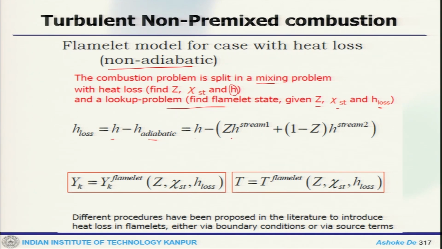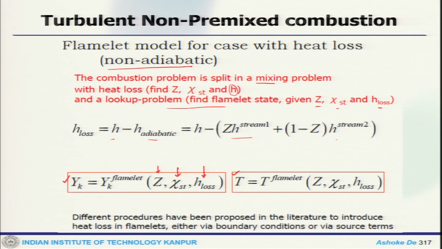So it will be H minus H adiabatic of Z, stream 1, stream 2, and then your species mass fraction and temperature become a function of Z, which is evolving in the global spatial coordinate system, chi stoichiometric, which is a function of Z and also dependent on the spatial coordinate, and the heat loss. Once we get this, then you can actually estimate your mean profile using the assumed PDF.